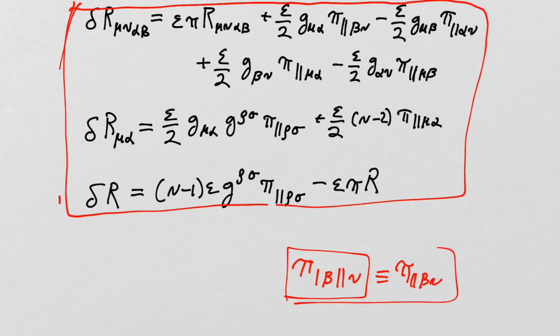And I went through that in the last lecture about how those are the same. And by the way, it's also true that because of the symmetry of the connection, this object beta nu is actually equal to pi nu beta, right? That helps with these. If you're going to do these calculations yourself, that helps.